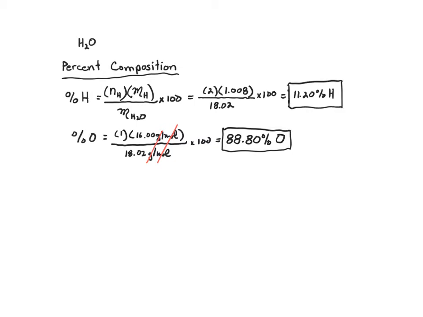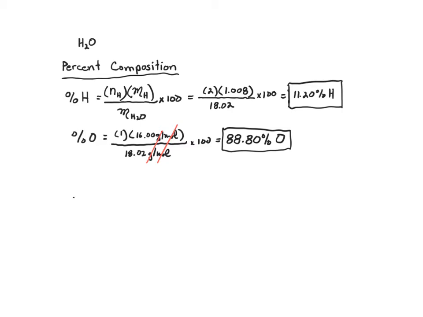Now, going in this direction is a little bit helpful, but what's even more helpful is being able to go from this information, these percentages, to an actual chemical formula. I want to introduce 2 different types of chemical formula here.